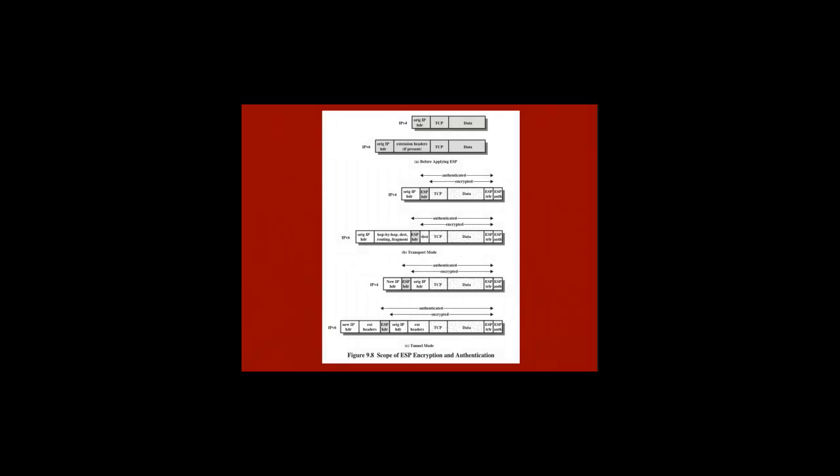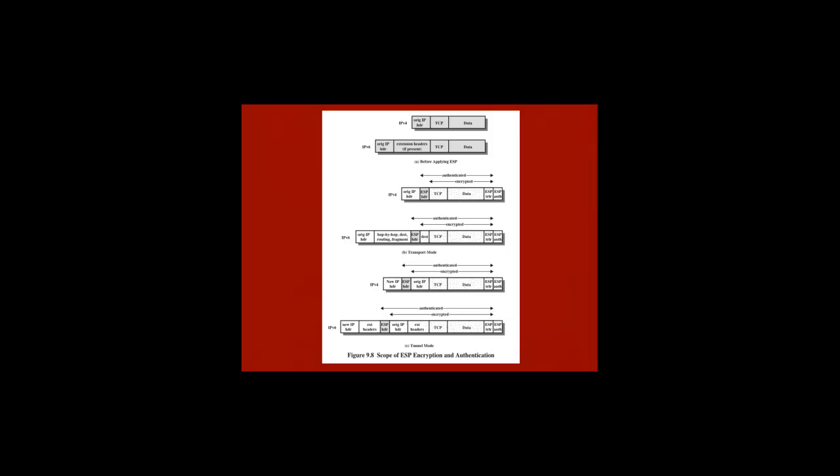So here we have a figure, the scope of ESP encryption and authentication. Transport mode ESP is used to encrypt and optionally authenticate the data carried by IP, for example, a TCP segment, as shown in the figure. For this mode, using IP version 4, the ESP header is inserted into the IP packet immediately prior to the transport layer header, TCP, UDP, ICMP, and an ESP trailer, which includes padding, pad length, and next header field, is placed after the IP packet.